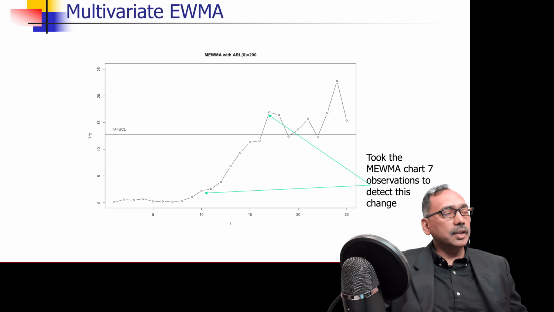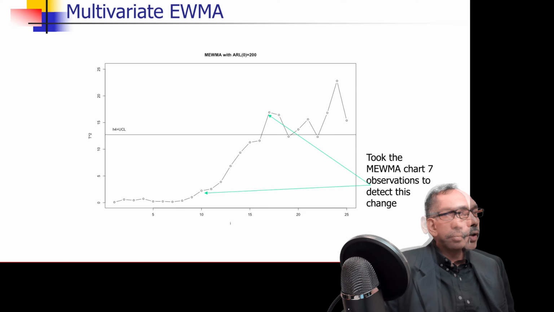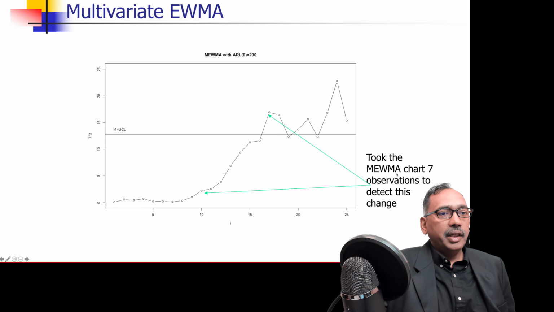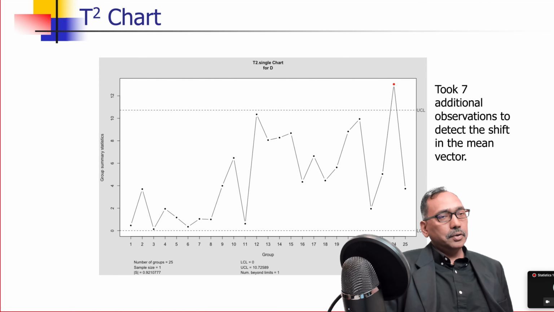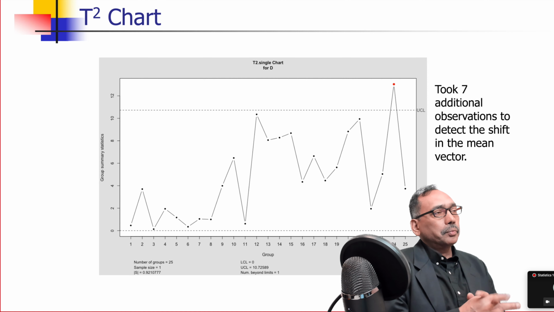So this is the chart I showed you. So it took the MEWMA chart 7 observations to detect this change. So this is the point we saw out of control. So this basically makes a case for why MEWMA chart.